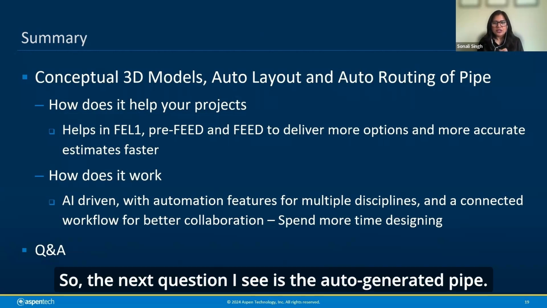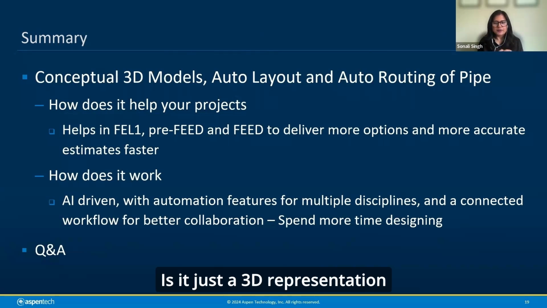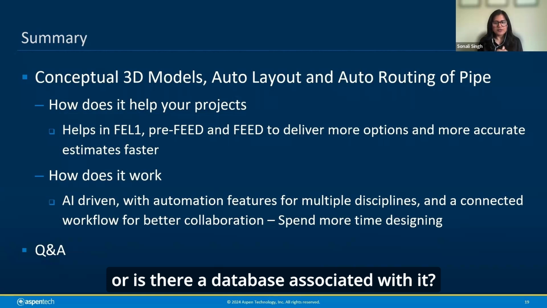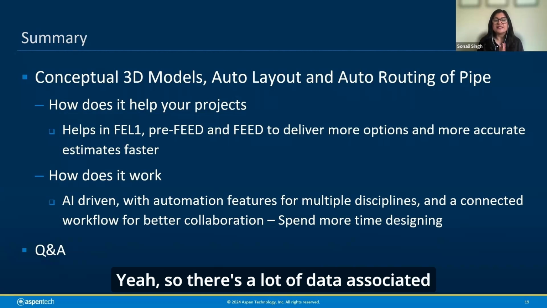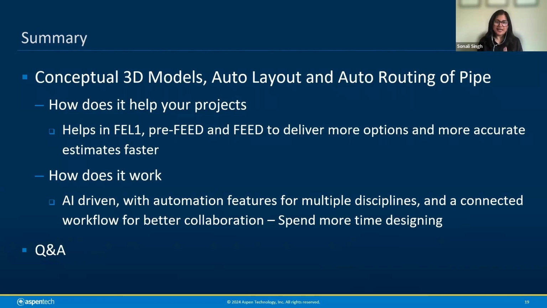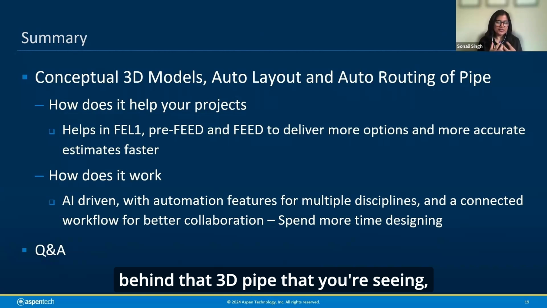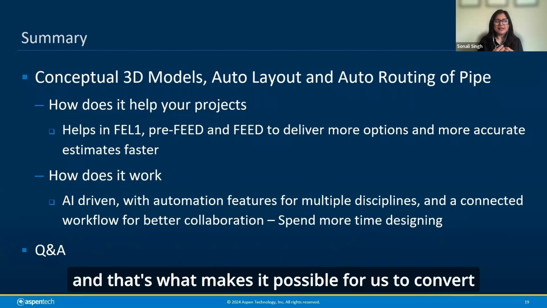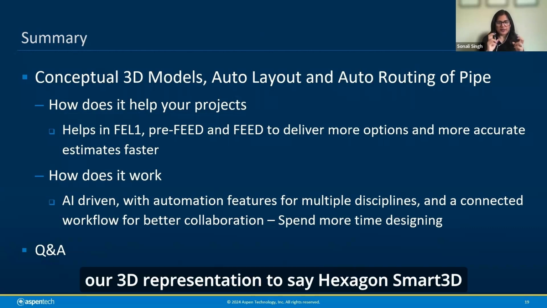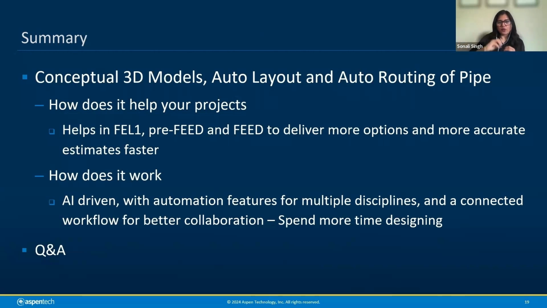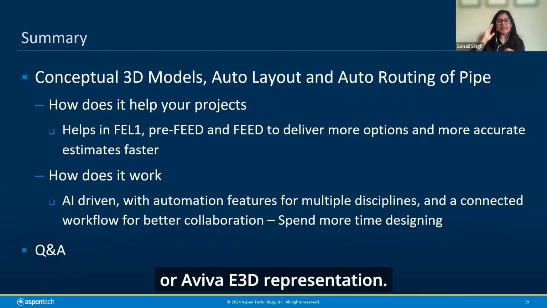The next question I see is about the auto-generated pipe. Is it just a 3D representation, or is there a database associated with it? Yeah, so there's a lot of data associated behind that 3D pipe that you're seeing, and that's what makes it possible for us to convert our 3D representation to, say, Hexagon Smart 3D or AVEVA E3D representation.